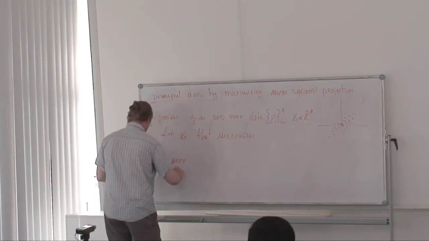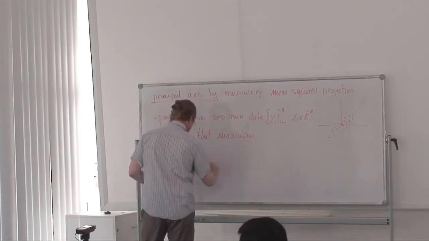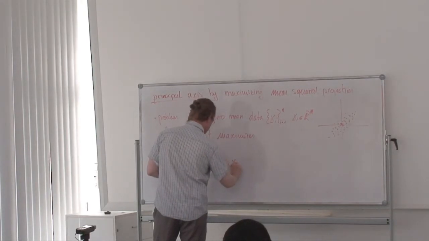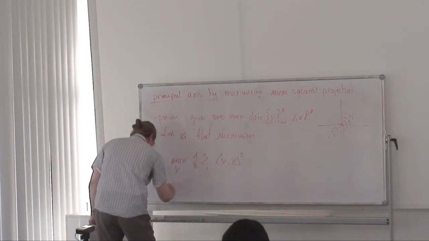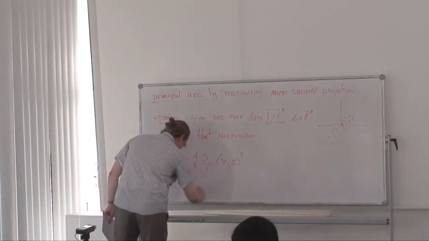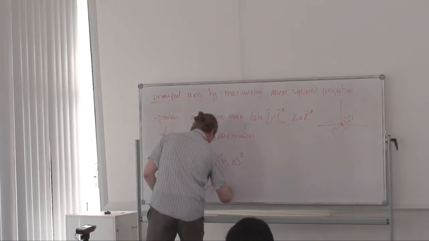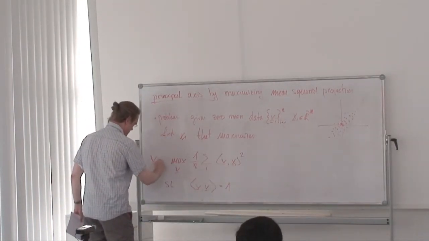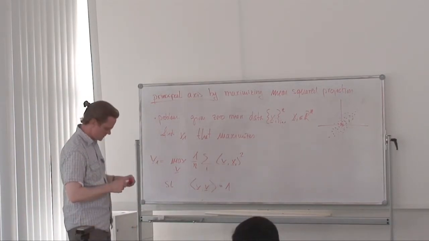Maximum over all possible choices of v, 1 over n, sum over the i, and now we have the inner product of v and x_i, we square that, and all of this should be such that the vector v is a unit vector. So we are interested in this one. Okay, what is this to say?